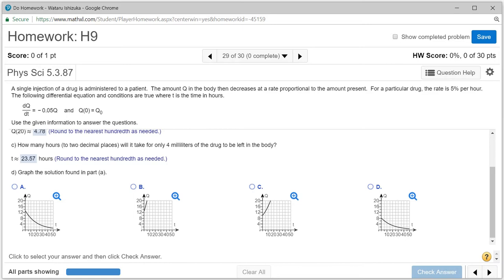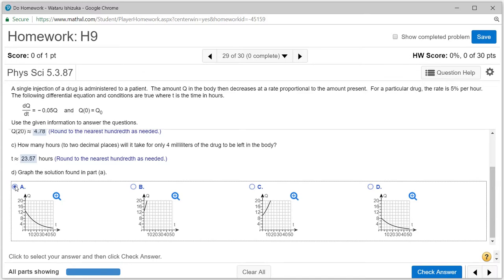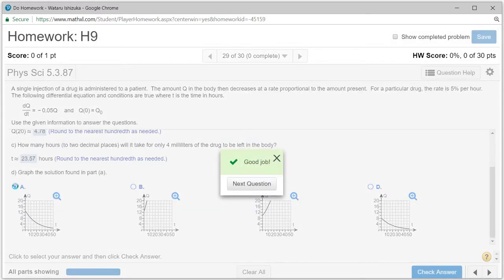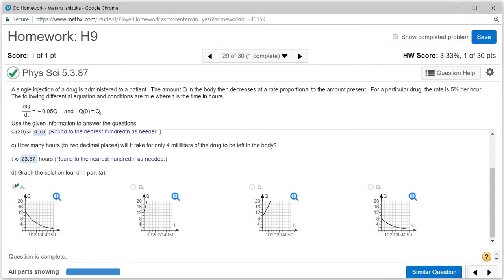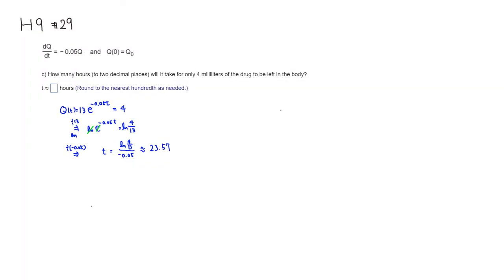Then you look at the initial value. The initial value is 13. D has an initial value at maybe around 8, so A should be the correct picture. Let's check the answer. We got that. That's it. I hope this was clear.